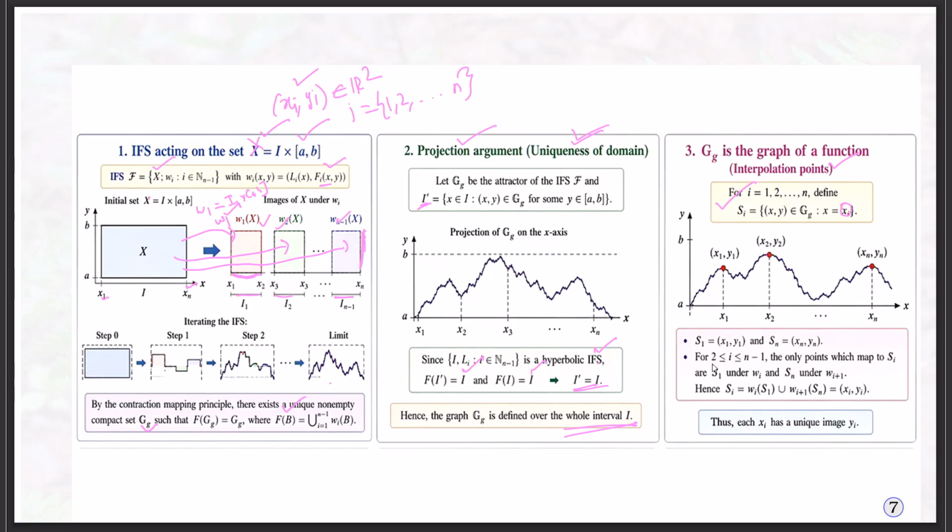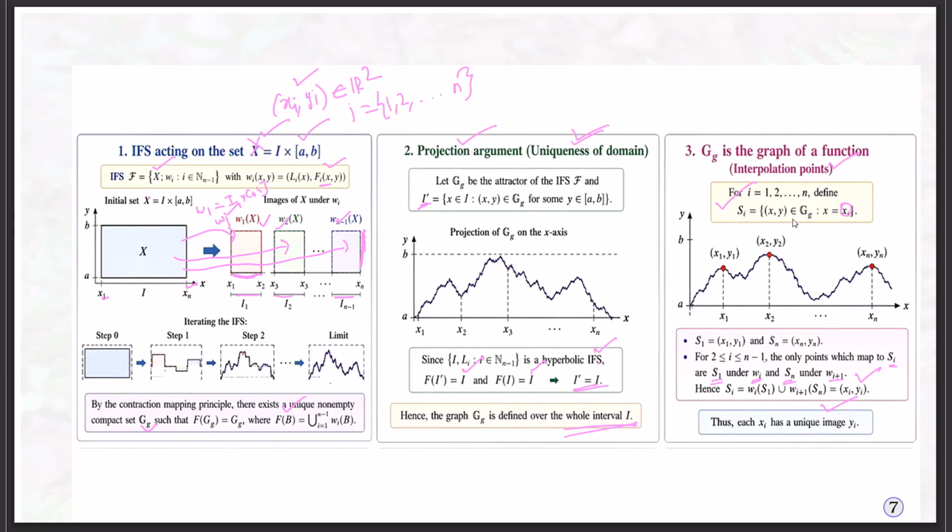Then for i between 2 and n minus 1, the only points which map to Si are S1 under the map Wi and Sn under the map Wi plus 1. Therefore, Si can be written as the union of Wi of S1 and Wi plus 1 of Sn, so that we get xi comma yi. Thus xi has a unique image yi.